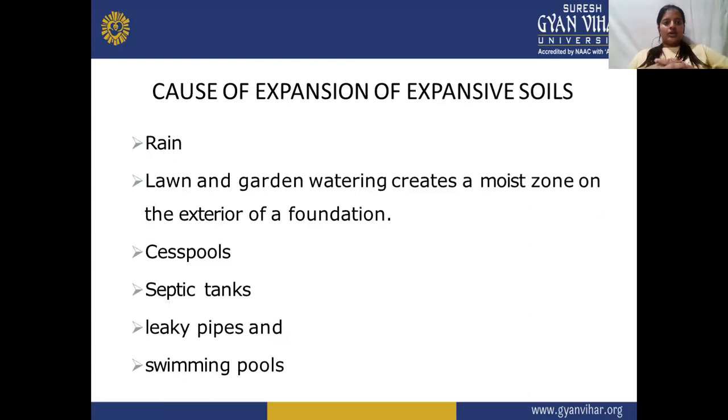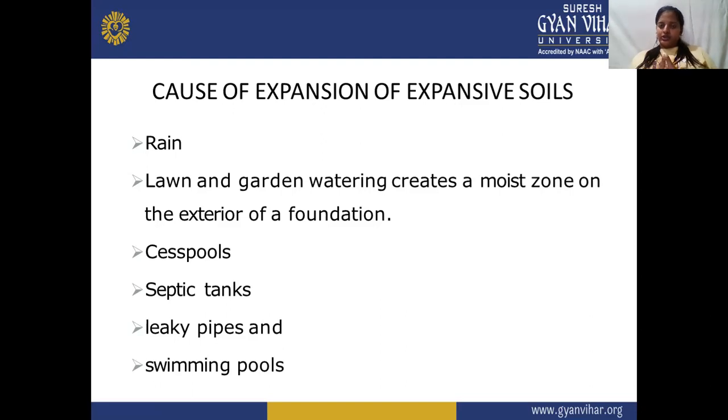Moving forward, causes of expansion of expansive soil. If there is any source of moisture where the water can leak out or can be penetrated into soil by any means, it can cause the soil to expand. So what are the major causes?